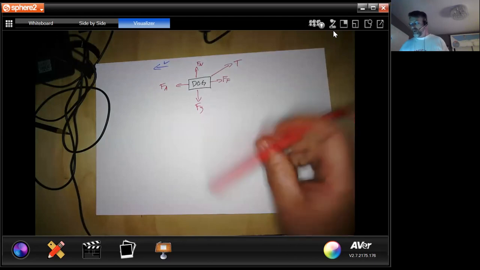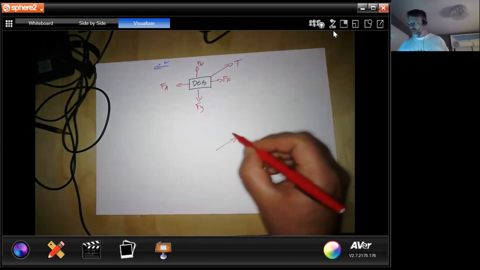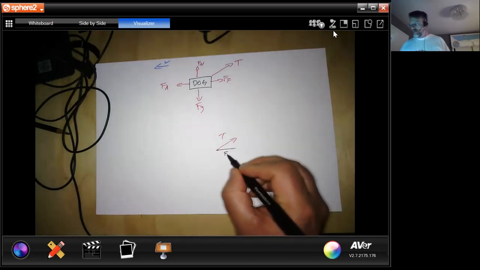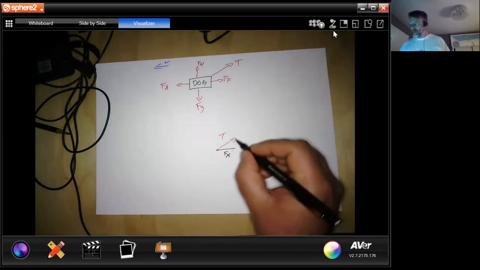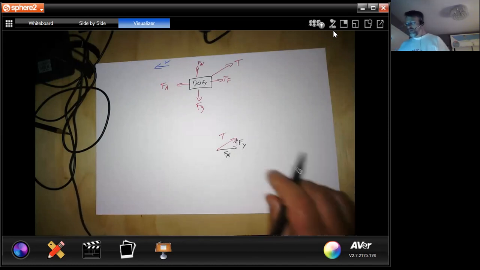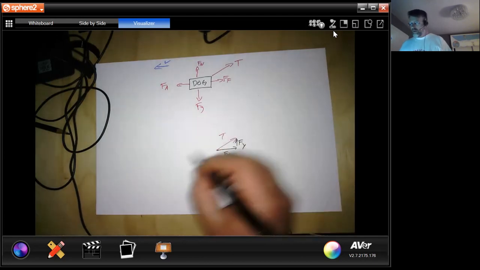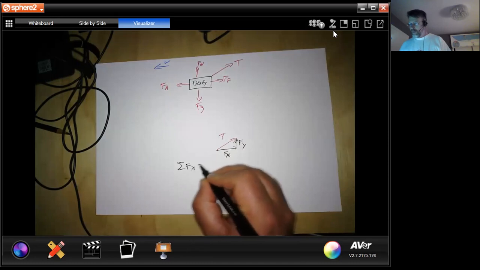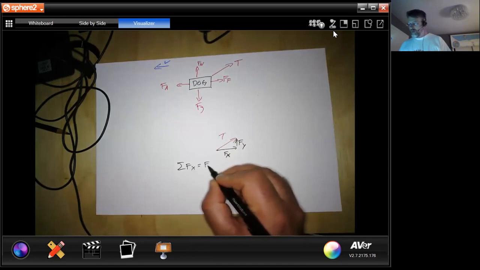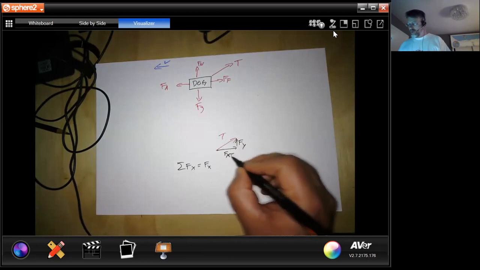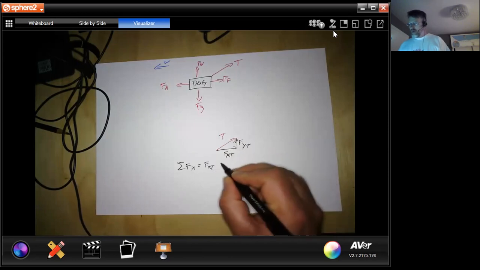So we would take that tension force and we would want to find an F of x and an F of y, so that when we did those sums, it's going to equal this one. So we could call this from the tension.